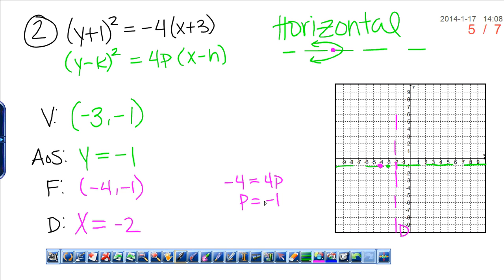We use our p-value. So our p-value is the distance from the vertex to the focus. So I went from my vertex and I counted 1 unit inside my picture, basically, inside my parabola to get my focus. Okay, we're almost ready to sketch our parabola. We've got to get our 2 other points. We're going to use the endpoints of our focal chord. What's the total length of my focal chord?